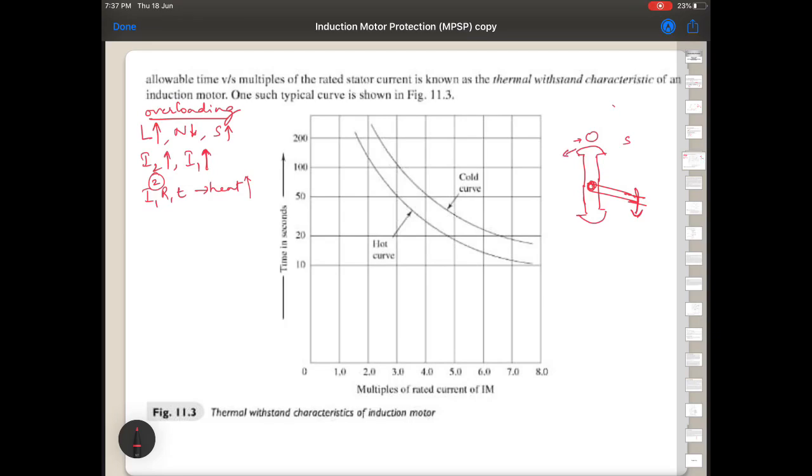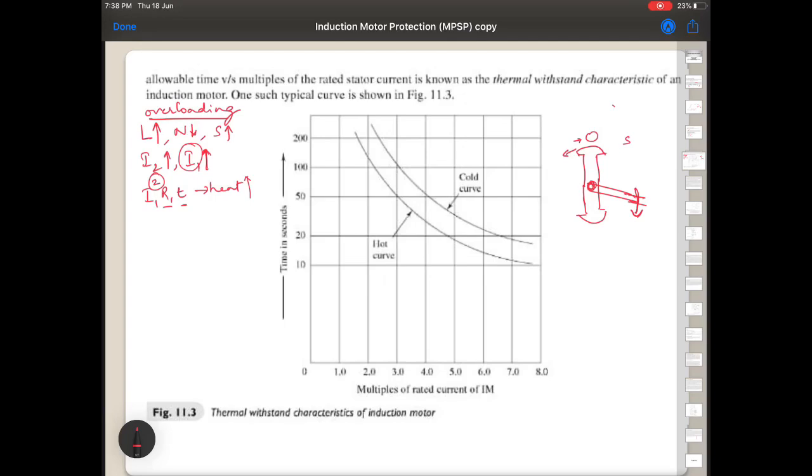Now we understood what is I square R, but what is T? This is the amount of time for which that overloaded current is being passed. See, during normal condition there is no problem. When you overload, meaning above the rated allowable load, if you apply more load, then it draws more extra current.